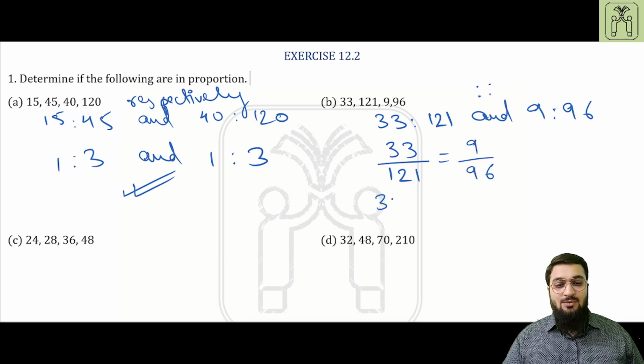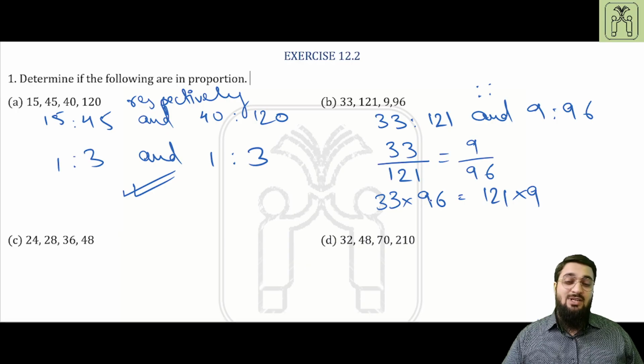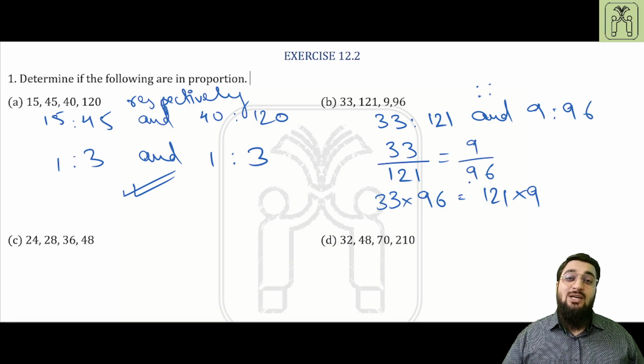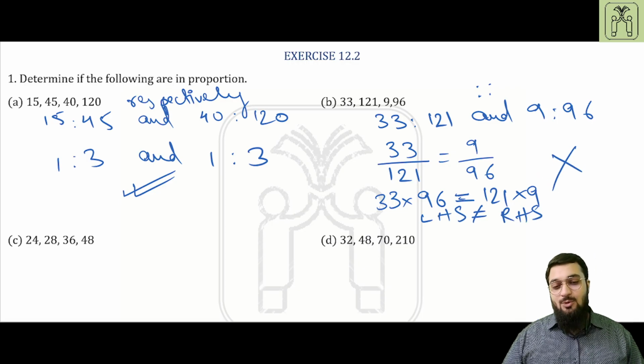So we'll do 33 into 96 and 121 into 9. After calculation, you will find out that they are not in proportion. Just by the look of it, you can say that they are not in proportion, but even after you do the calculation and get the exact answer, you will see that they are not in proportion. If this LHS is not equal to RHS, then we will say that they are not in proportion.